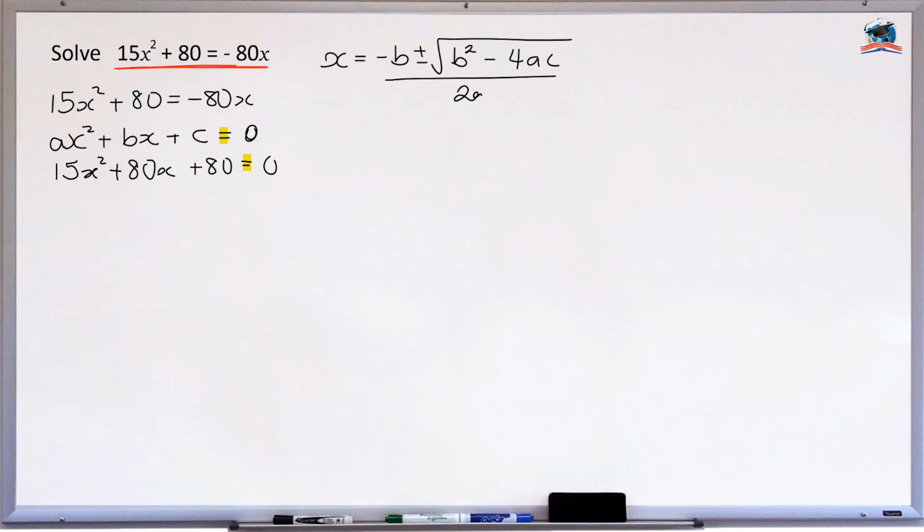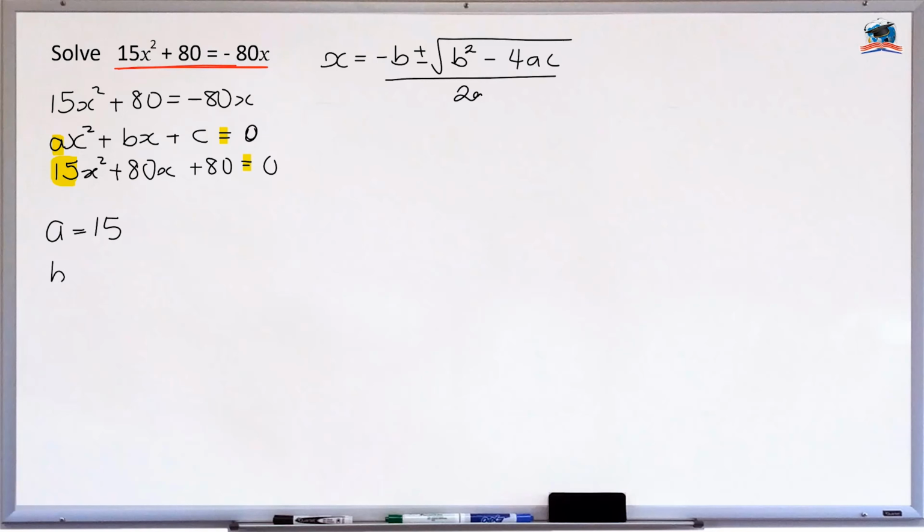So we have x is equal to minus b plus or minus square root of b squared minus 4ac all over 2a. Let's start with the values of a, b, and c. Our a will be what? Our a here will be 15.